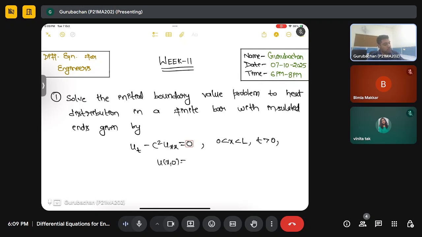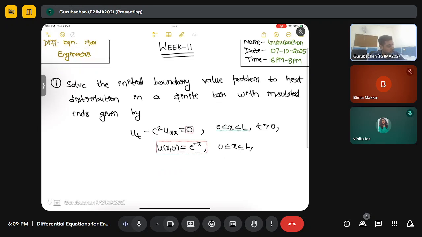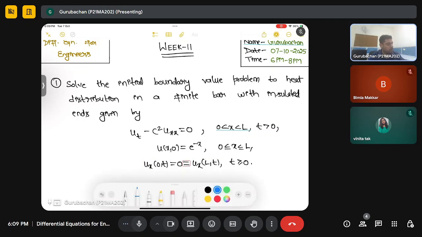The initial condition is given as e to the power minus x for any x between 0 to L, and ux(0,t) is 0 and ux(L,t) is also 0 for all t greater than or equal to 0.